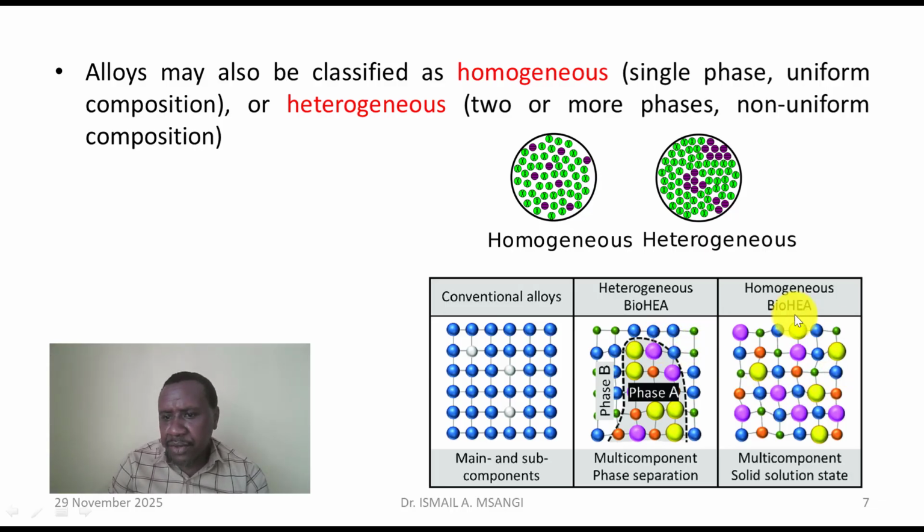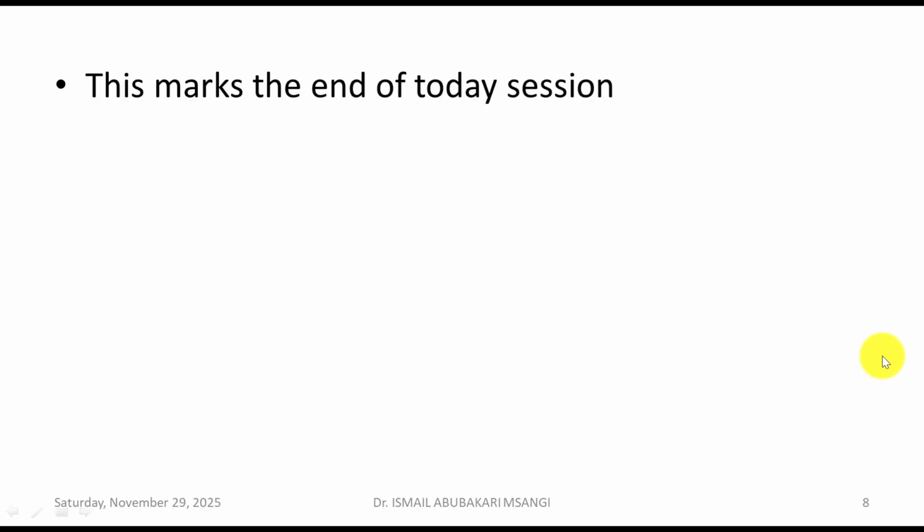But when referring to this material at the right, you can see all the components, the yellow ones, red ones, green ones, and the purple ones are evenly distributed throughout the material, where we expect any portion of this material will have the same composition, and this material is regarded as a homogeneous material.